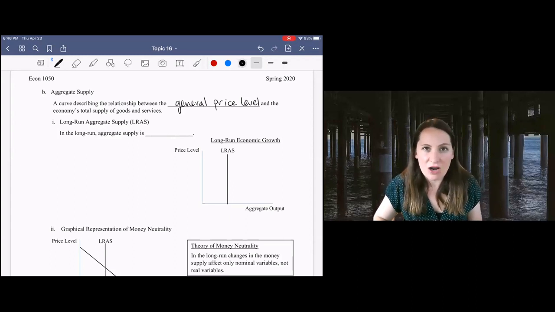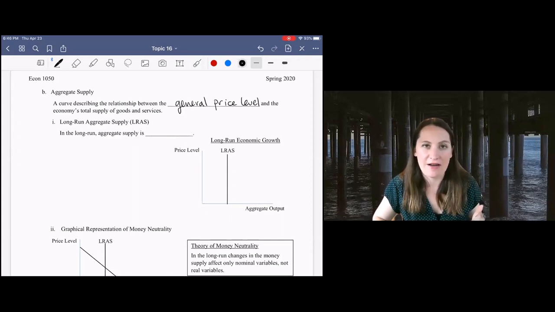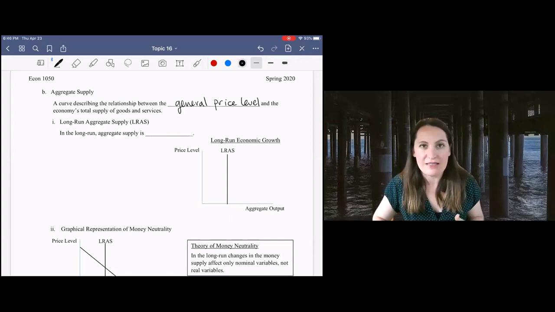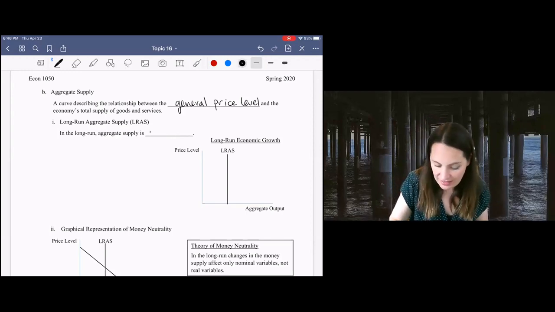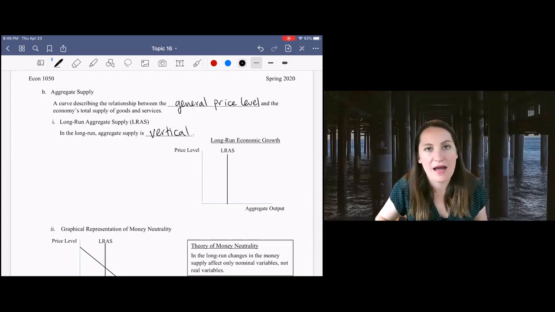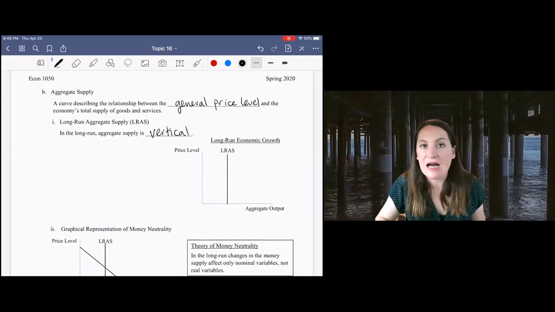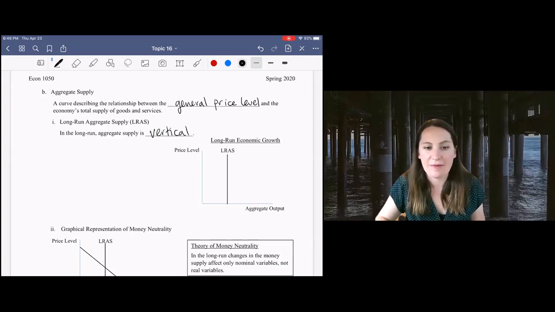In fact, in the long run, we think that aggregate supply is not affected by price level. So in the long run, the aggregate supply curve is a vertical line like we have here on our graph. It is not determined by the price level or affected by the price level in any way.